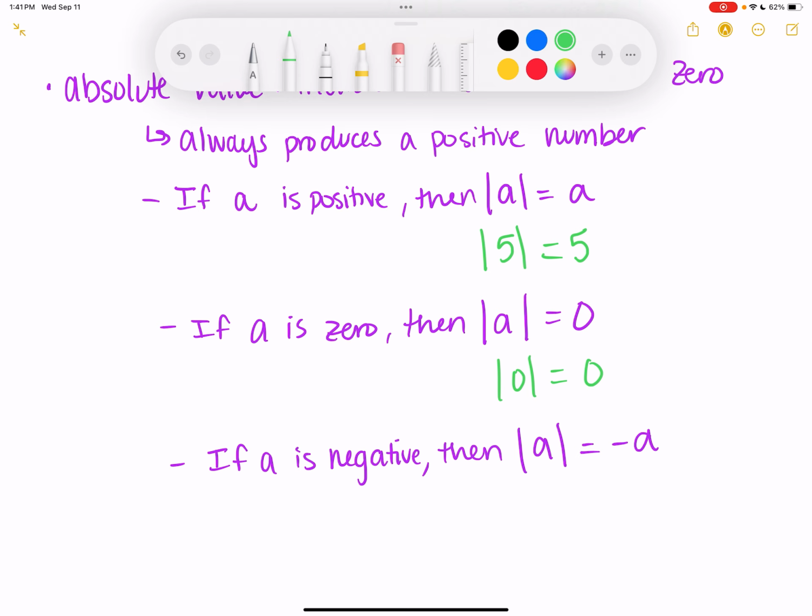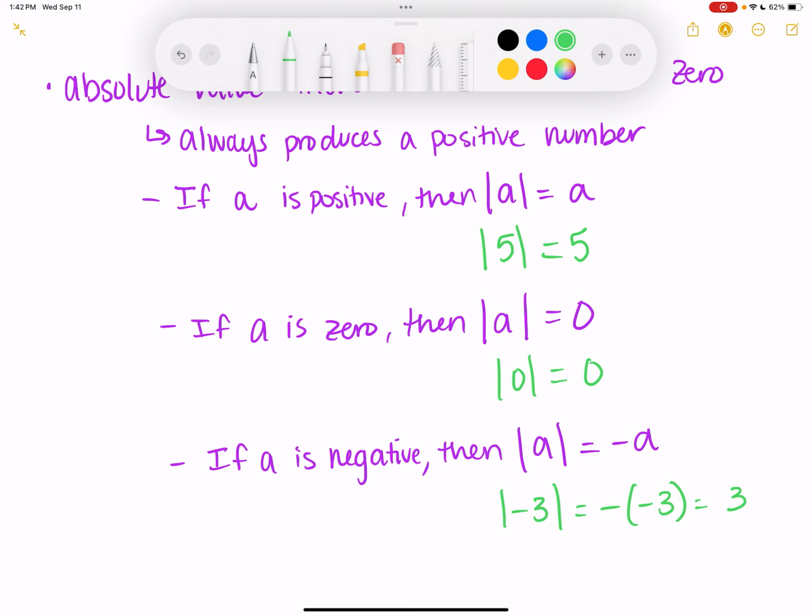So if we have the absolute value of negative 3, okay, but A is negative, what that's telling us is that my final answer is negative times the negative number that it was, which ends up being positive. So it's kind of weird how it's written. So basically, if it's a negative number inside of it, then it's just going to end up as a positive. Your result, anytime you have the absolute value of anything, should be positive, with the exception of if the absolute value is 0, then obviously it's going to be 0.